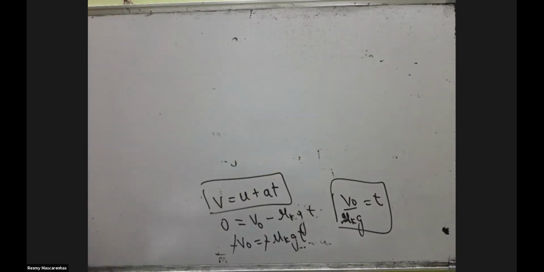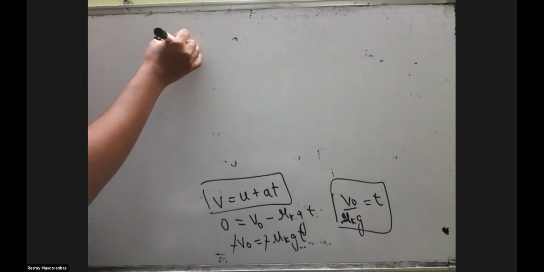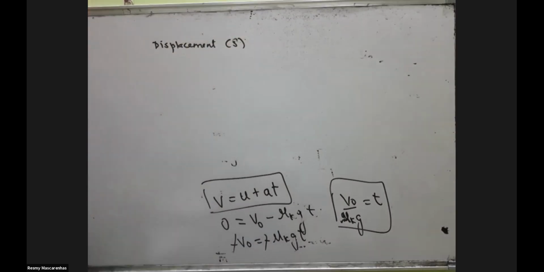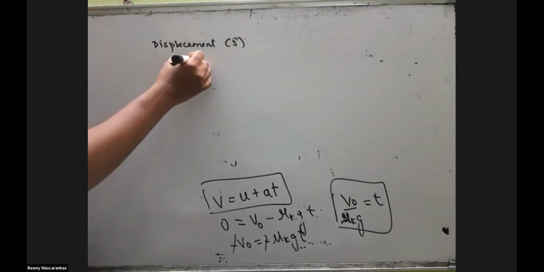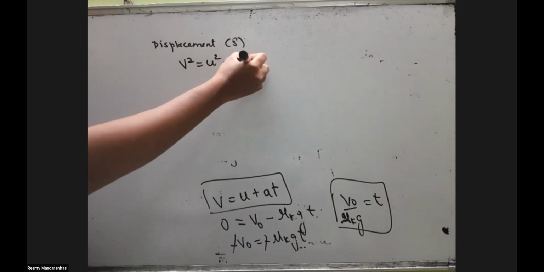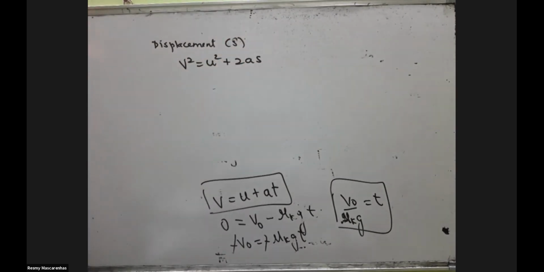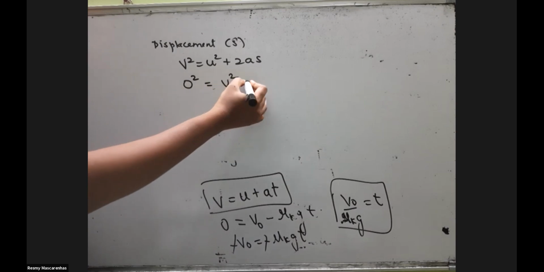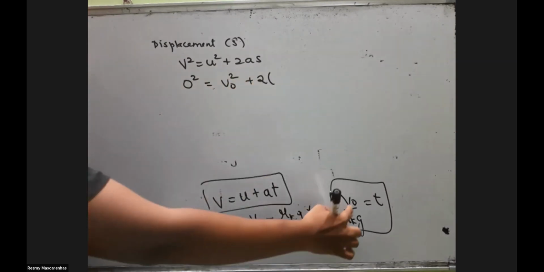One more thing asked is to calculate the displacement. Displacement means we have to calculate the value of s. So you can use another kinematic equation. v is 0, we know that. u is how much? V naught square. a we just now found out.